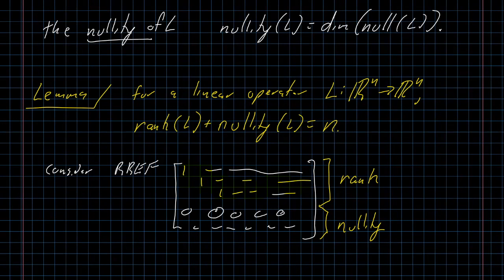And component by component, the components of a vector which give you something out of this are going to correspond to the rows that are in the row space, and the components of the vector that don't are going to correspond to the empty spaces, the zero spaces, which I'm now labeling as the null space. And very clearly, the number of rows that have non-zero entries and the number of rows that have zero entries must be the total number of rows in the matrix N.